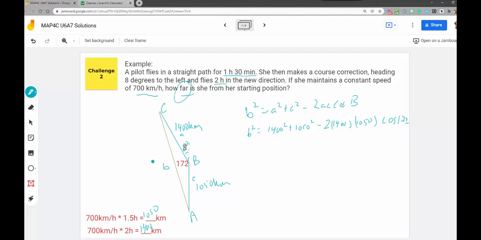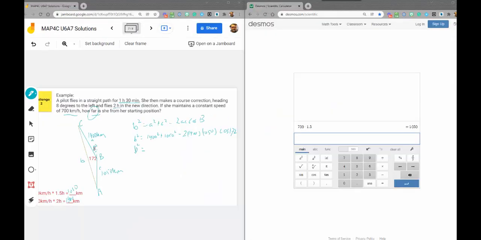And I can put that all in the calculator in one shot if I want to, or I can break it up into pieces. It's up to you. Okay, so I've got b squared equal to 1400 squared plus 1050 squared minus 2 times 1400 times 1050 times cos of 172.